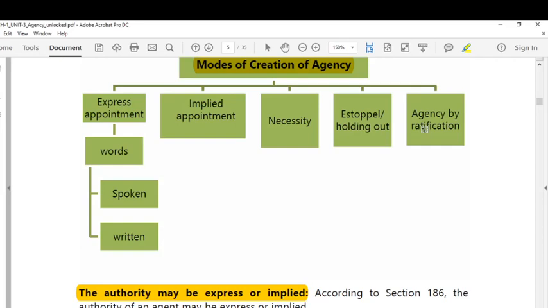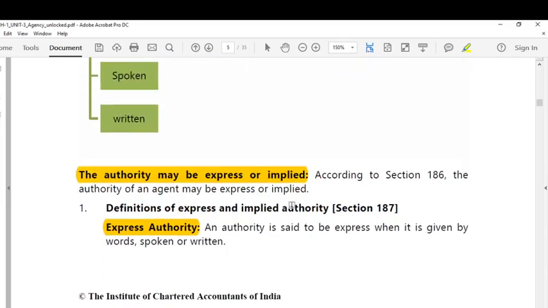So a relation of principal and agent can be established for certain actions which have been done before having the agency, and later on those actions can be ratified by the principal, so thereby the agency will come into picture by the ratification of actions which have been done earlier. So these are the various modes. There are five modes that we are going to understand in detail.